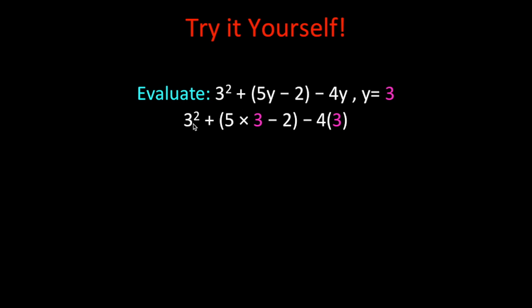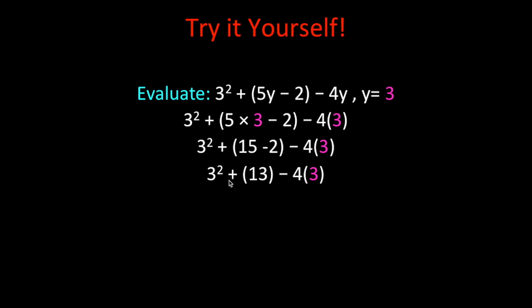Let's go ahead and do that. 3 to the second power plus open parentheses 5 times 3 minus 2 close parentheses minus 4 times 3. So now we're going to simplify everything inside the parentheses. So 5 times 3 is 15. You still have two numbers inside the parentheses, so you have to reduce that more. Remember, you need to simplify the parentheses until there is one number left. So 15 minus 2, that's 13.